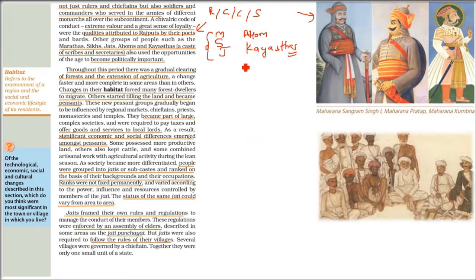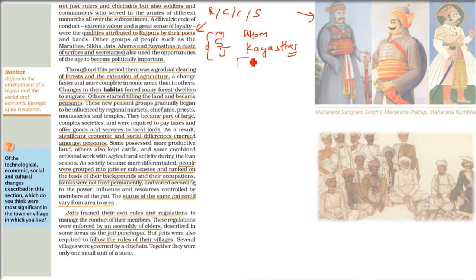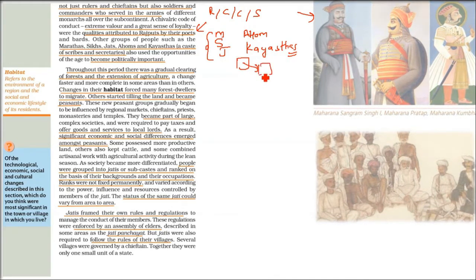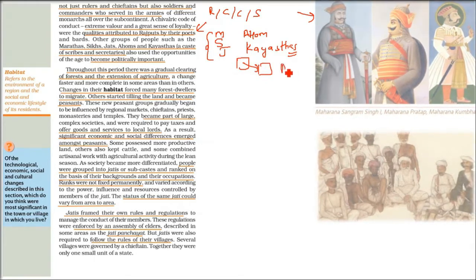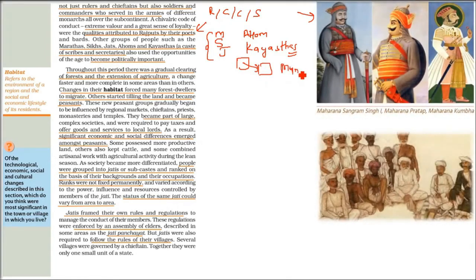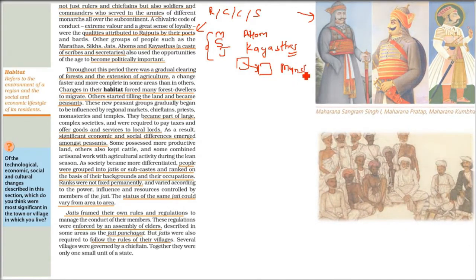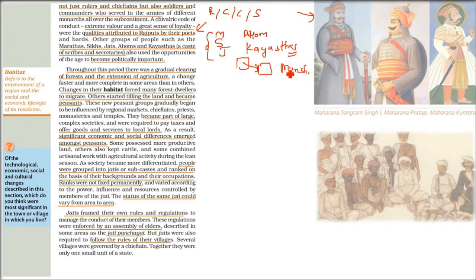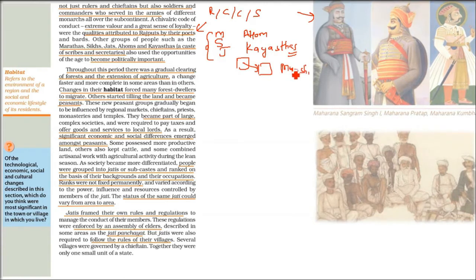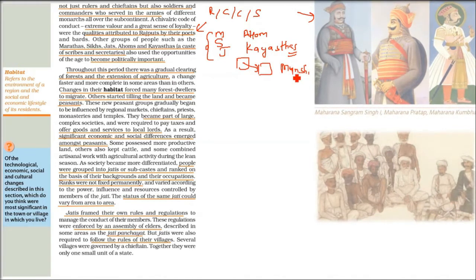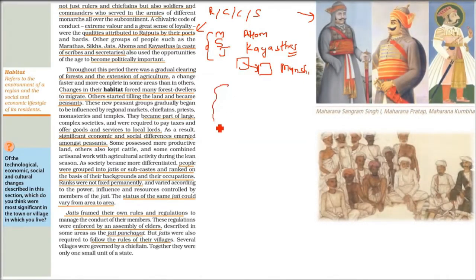Like we have Shrivastavs right now, Porwals. They looked after the accounts, billing, taxes. So these people also became politically important.